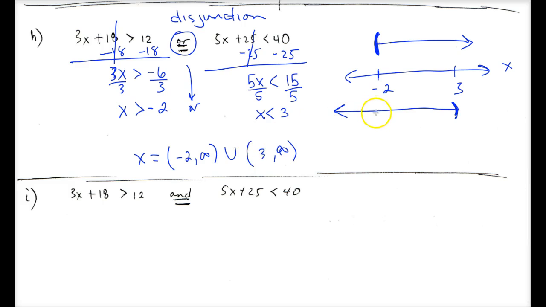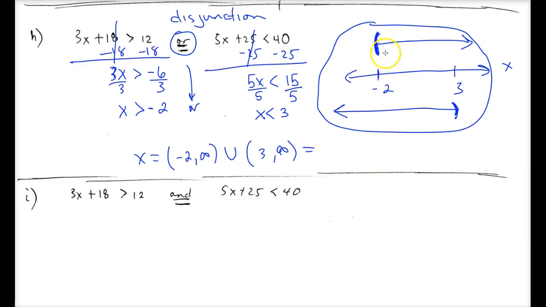Or means I can go from here, or I can pick a value of x that is greater than negative 2. And so all of the real numbers would be a number either greater than negative 2 or less than 3. So here when we OR these together, we basically just combine these two sets together to make one.